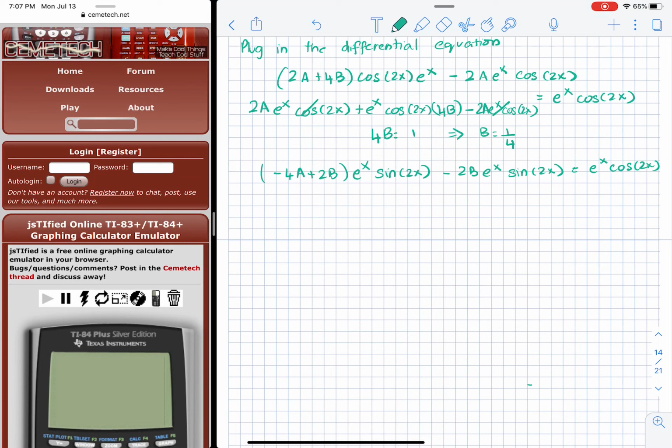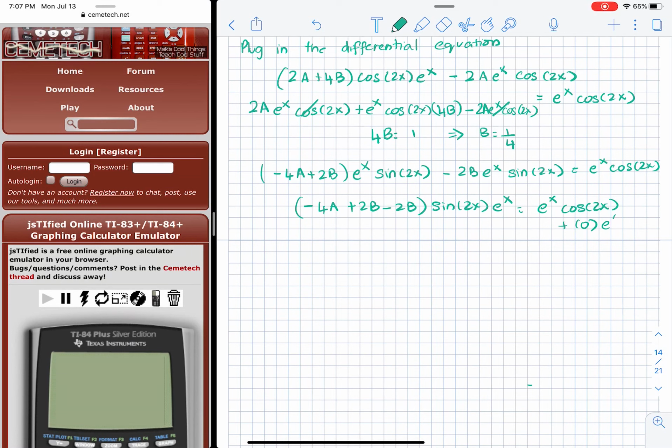If I combine these two, I end up getting minus 4a plus 2b minus 2b multiplied by sine 2x e raised x equals e raised x cosine 2x plus 0 times e raised x sine 2x.